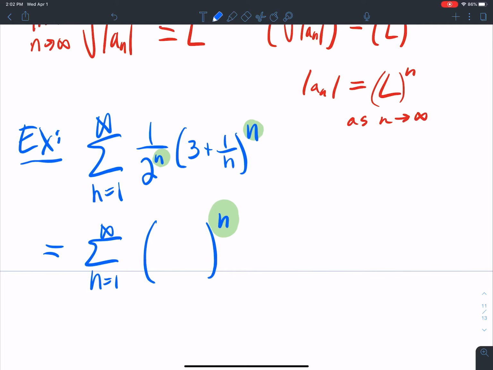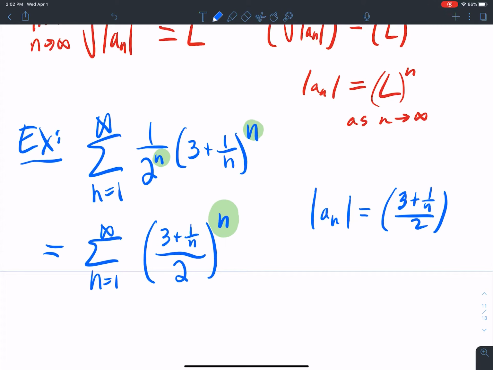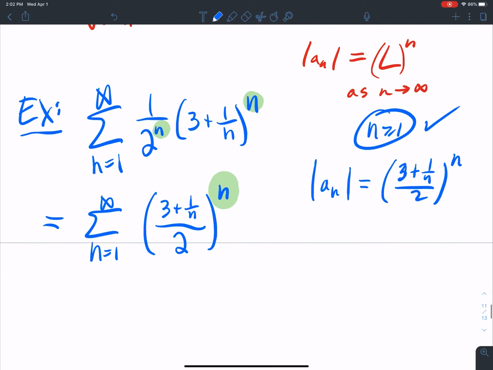In the numerator I have 3 plus 1 over n, divided by the denominator, which is 2. So the absolute value of a_n is equal to (3 plus 1 over n) divided by 2, all raised to the n. We can drop the absolute values here because n is greater than or equal to 1, so that's definitely positive. Now I want to run the root test.